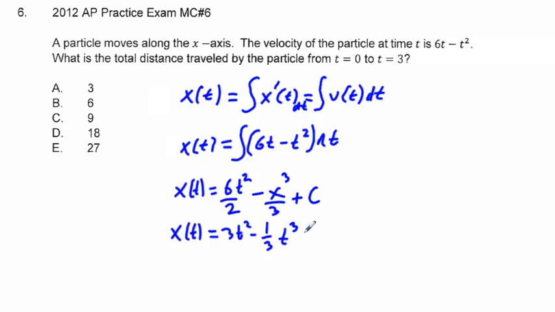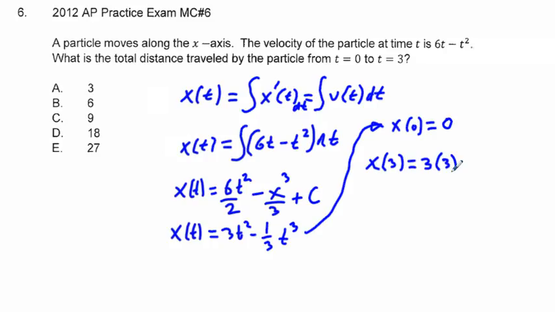And so if we find x of 0, plugging in 0 for all this, we're just going to get 0, right? And then if we want x of 3, we're going to get 3 times 3 squared minus 1/3 times 3 to the 3rd power. 3 squared is 9. 3 times 9 is 27.